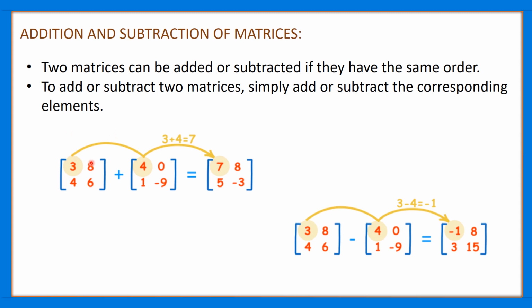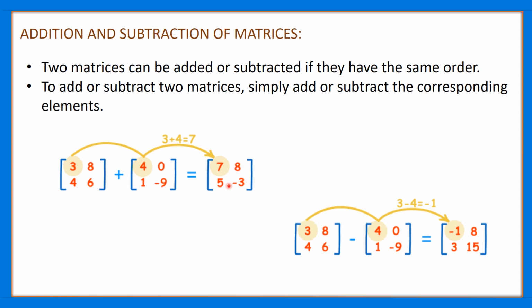8 plus 0 will give us 8, which is the element in the first row, second column. Similarly, 4 plus 1 is 5, which is the element in the second row, first column. Similarly, 6 plus minus 9 will give us minus 3, which is the element in the second row, second column.